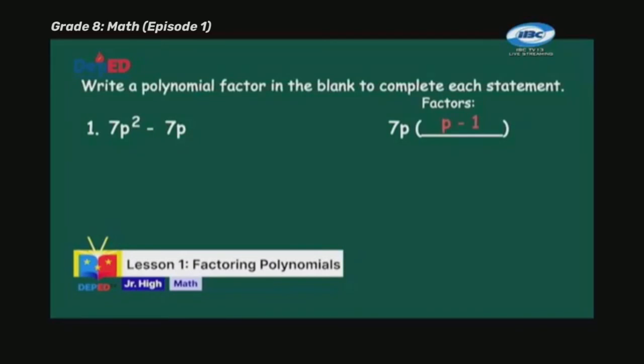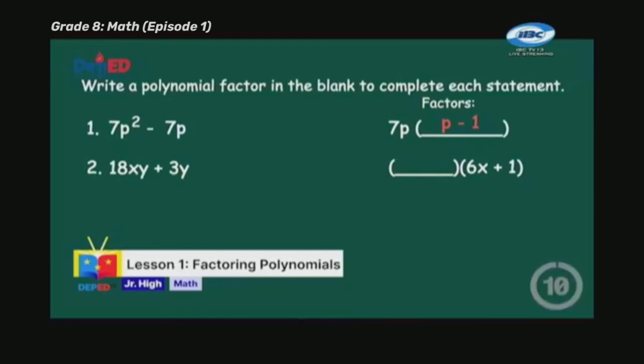The answer is p minus 1. Number 2, 18xy plus 3y is equal to blank times the quantity of 6x plus 1. The polynomial 18xy plus 3y can be written as the product 3y times the binomial 6x plus 1.